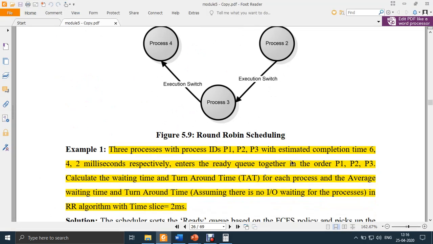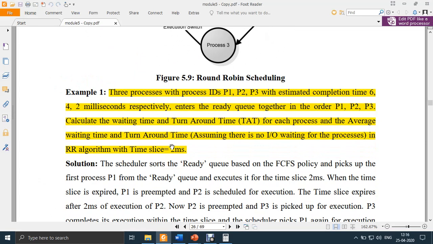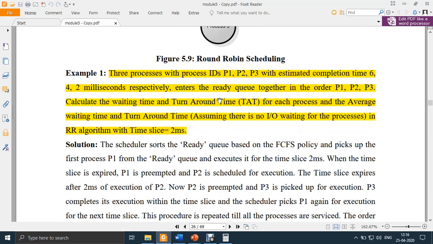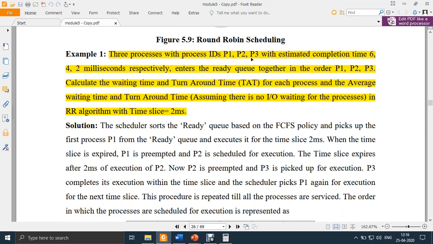So now, in the notes that I have given, one more example is discussed. So again with 3 processes only. So what is the change here is, P1 service time is 6, P2 service time is 4, instead of 5 in the example that we discussed just now.